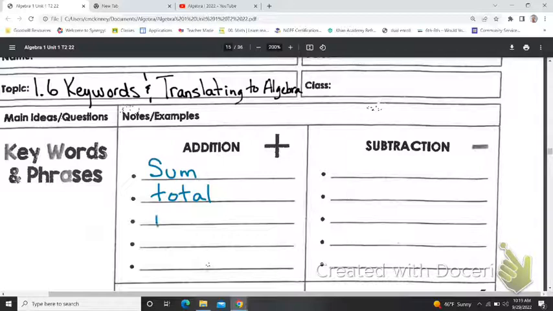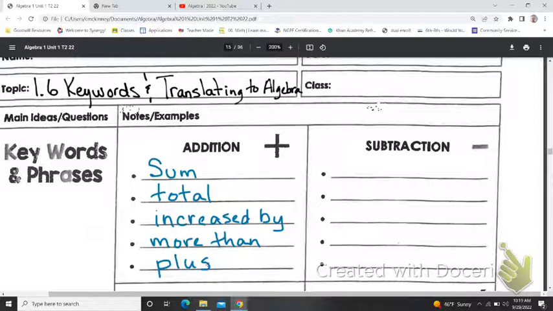Increased by. And then there would be some number after the by. More than. Of course, something as simple as plus or add.